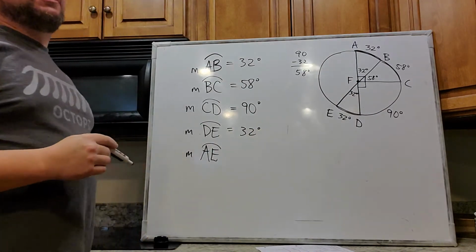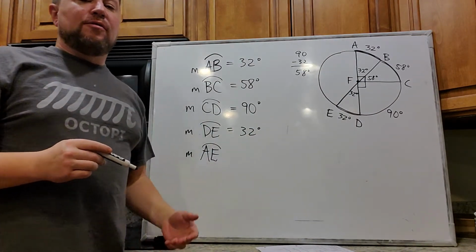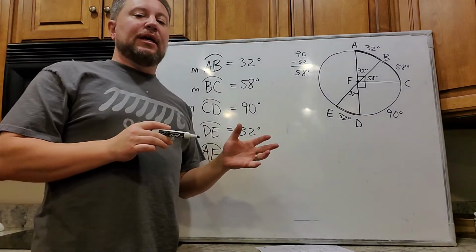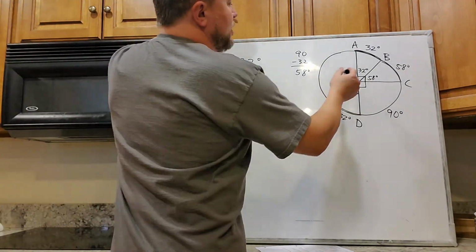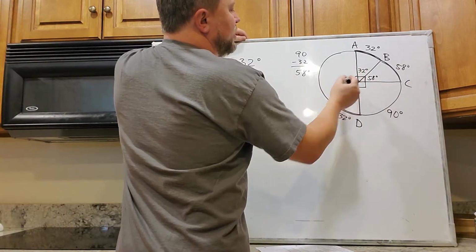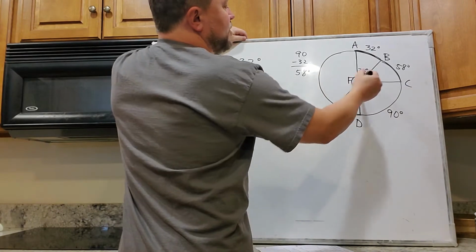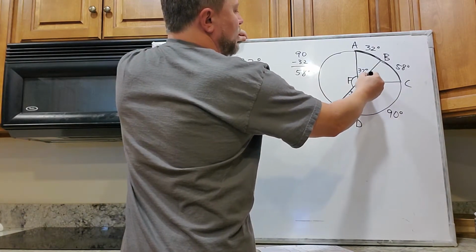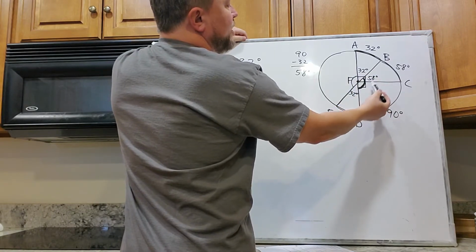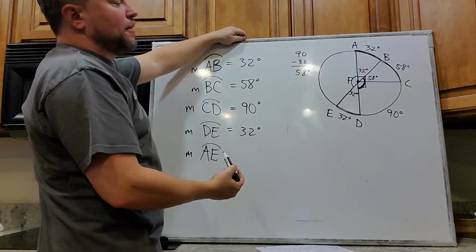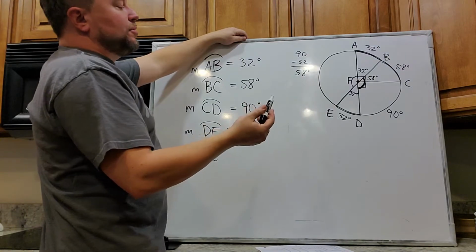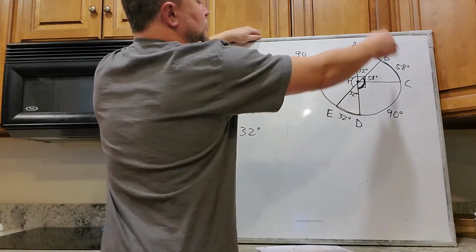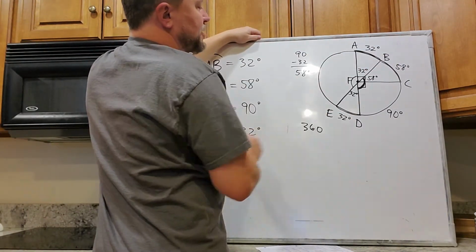There's a couple ways we can get that. You could use the vertical angles idea again if you like, but be careful. This entire angle here is vertical angles with this entire angle there. So you'd have to add together 90 and the 58. Or you could just use the idea too that a full circle adds up to 360 degrees.